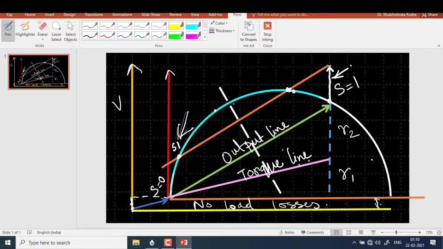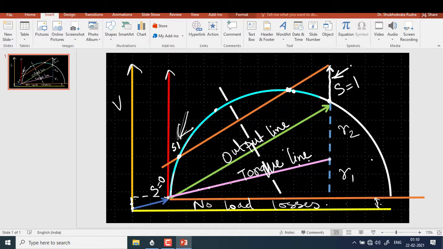Obviously, the maximum value of torque will be the point for which the vertical distance on this torque line is maximum.